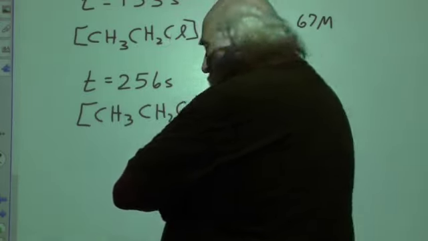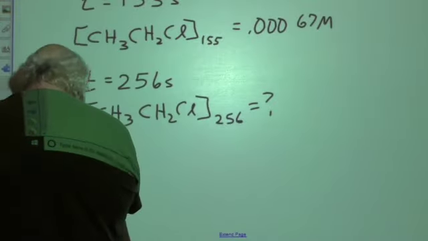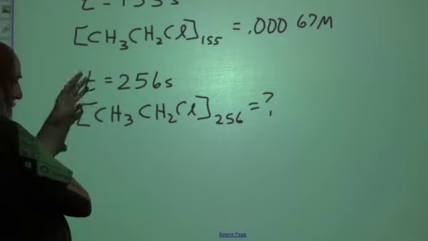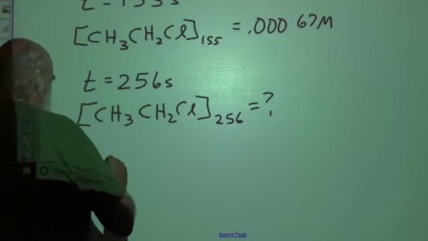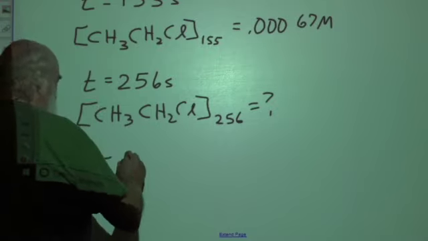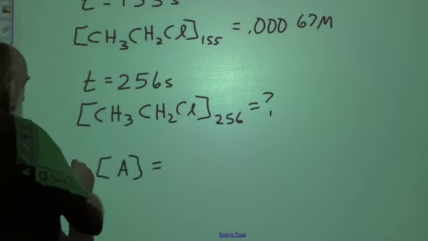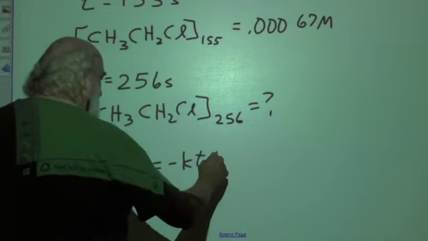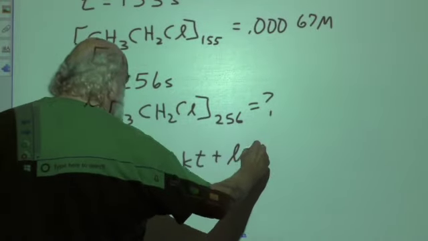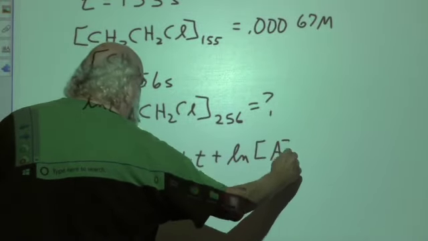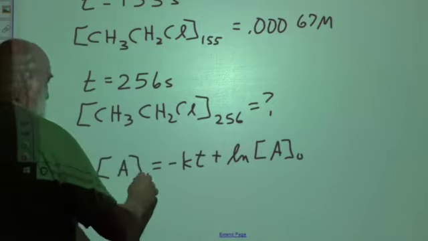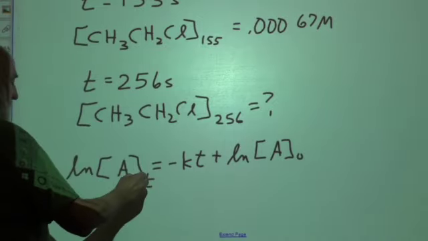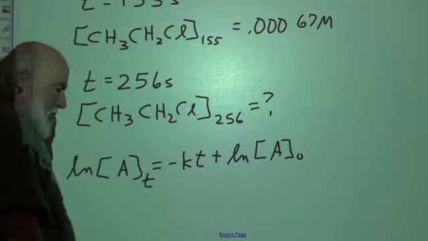So let's write the equation that we're supposed to use for these scenarios, and that is natural log of the concentration of A is equal to negative kt plus the natural log of A sub 0. And I'll put A sub t right here. Since we're dealing with all these different times here, I'll put t there to emphasize that.